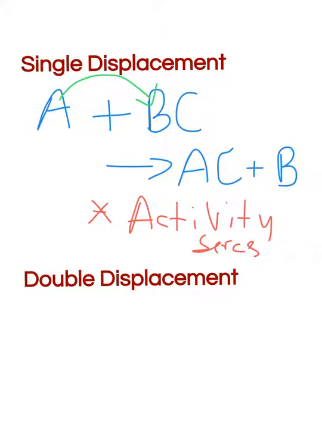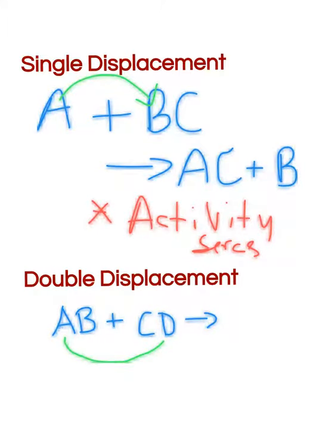And this is where we start out with a compound AB, and we're going to react it with another compound, which I'm going to call CD. And in this case, what we see is A is going to pair up with D. So in other words, the cation in AB is going to combine with the anion from the second compound.